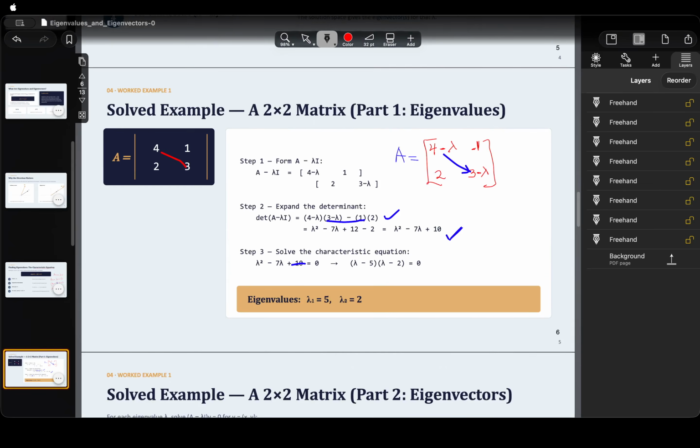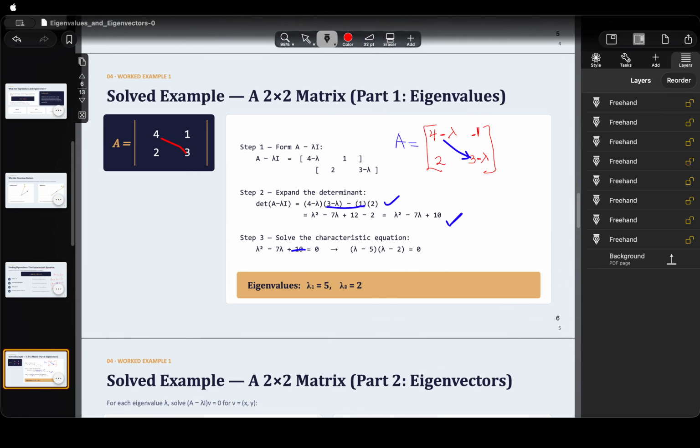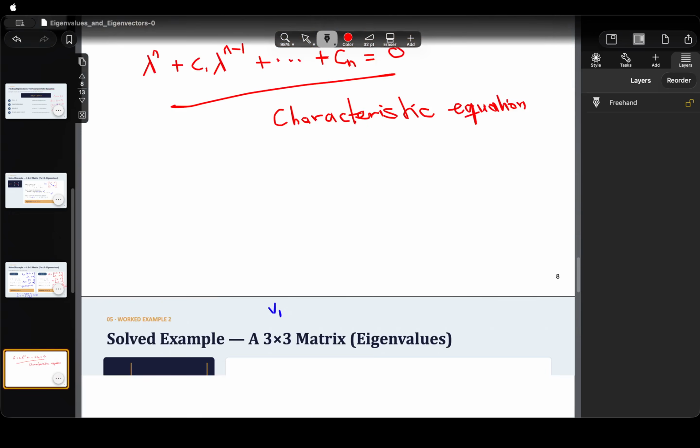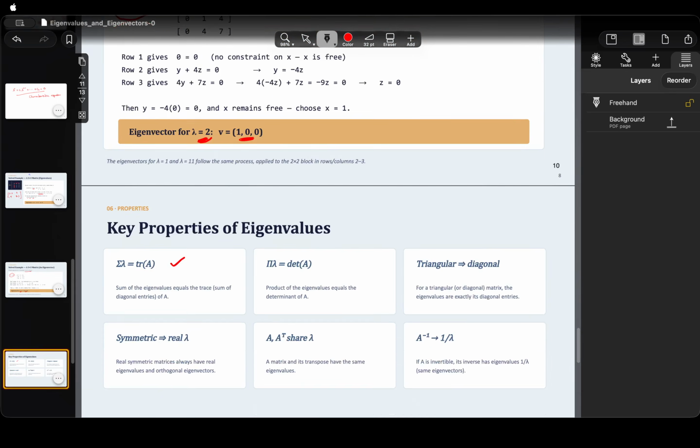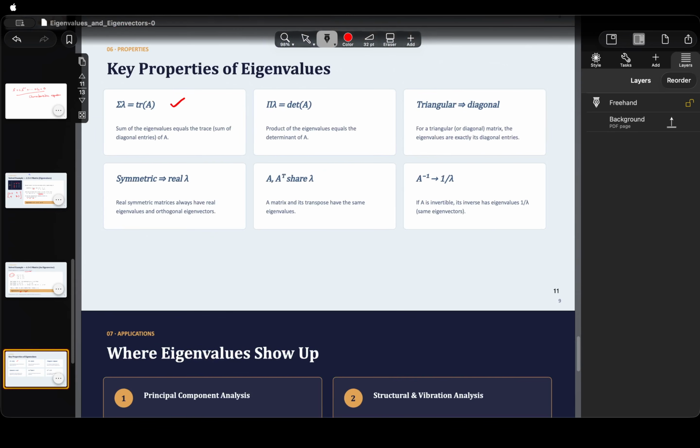The product is 5 times 2, which is equal to 10. What would be the determinant? That is going to be this times that, which is 12 minus 2 times 1, which is 2. So 12 minus 2 is going to give us 10. And this property also holds.